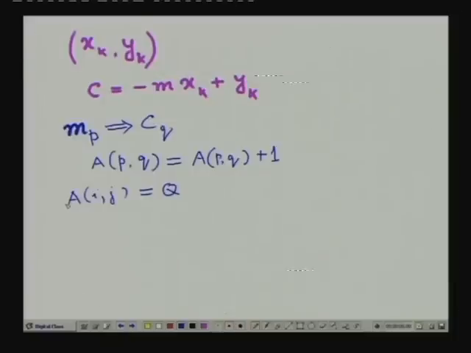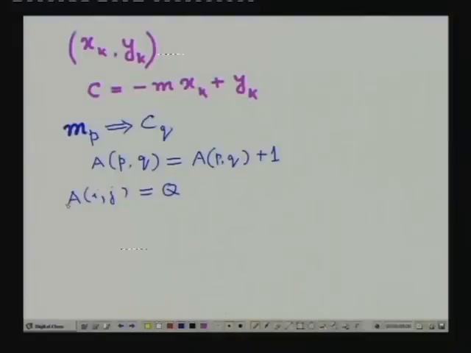For each of these we compute the corresponding m p and c q. For all allowed values of m, I find the corresponding allowed values of c, and for each such pair of m p and c q, I do this incrementation operation on the accumulator cell.